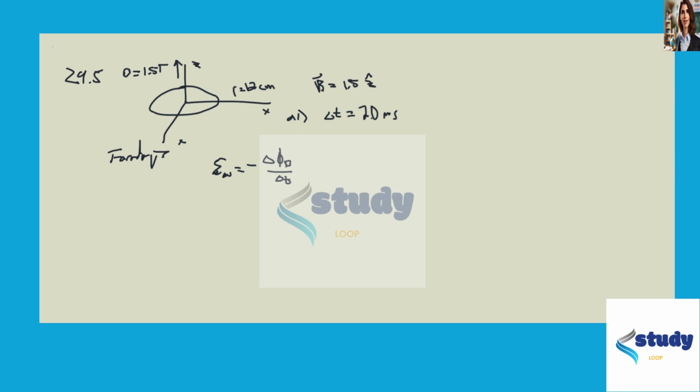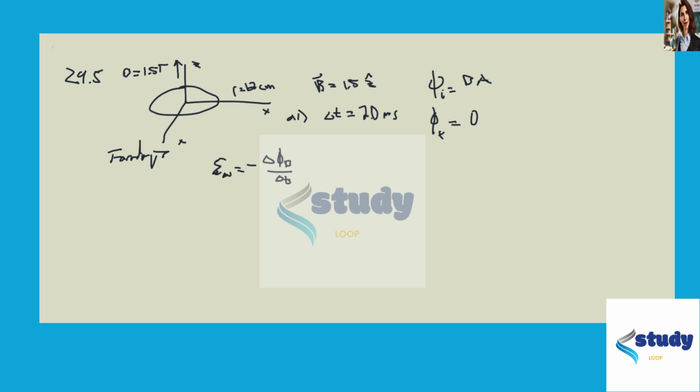Okay, so now we've got to figure out what our magnetic flux is. Our magnetic flux initially is just B times the cross-sectional area, right? And then finally we're completely removed, so this is 0.